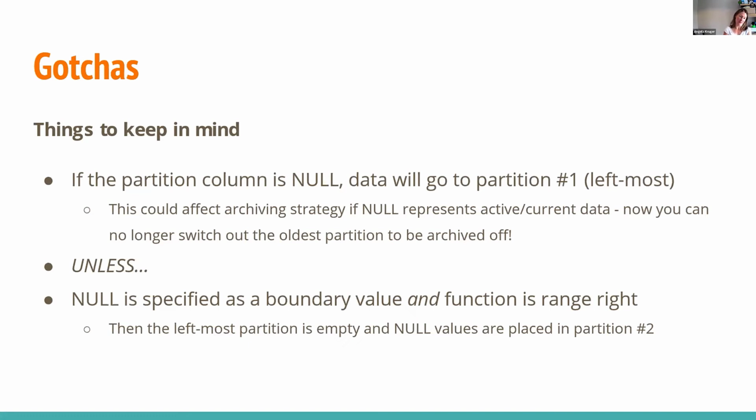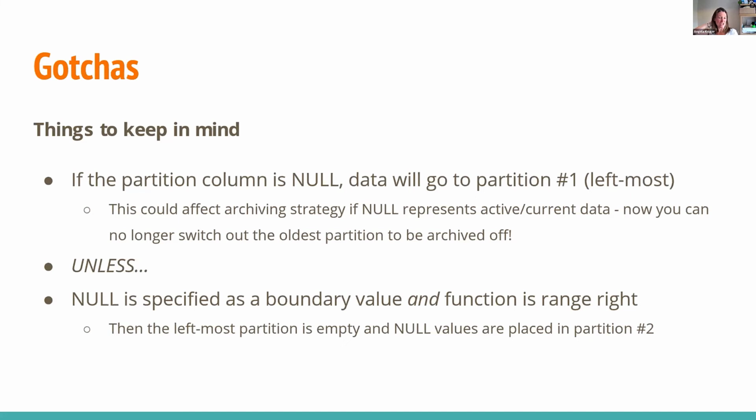There's a but here as well. So you can specify a boundary value of null. So you have a null boundary and then you have a value boundary. In this case, if you have a record with a null partition column, that record is going to go into partition 2, and the first partition with a null boundary is always going to be empty, which is kind of pointless.